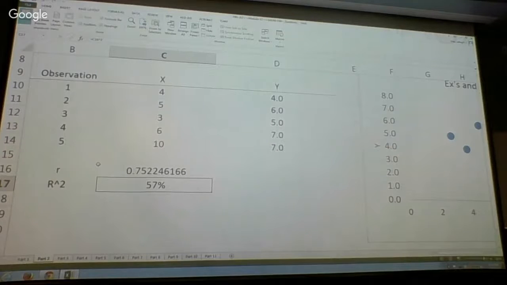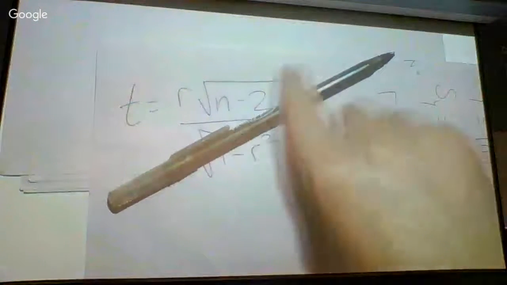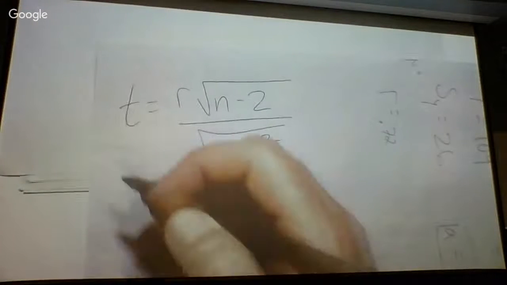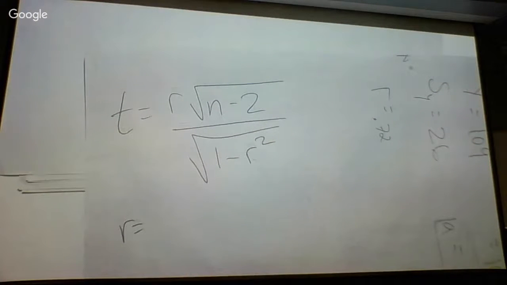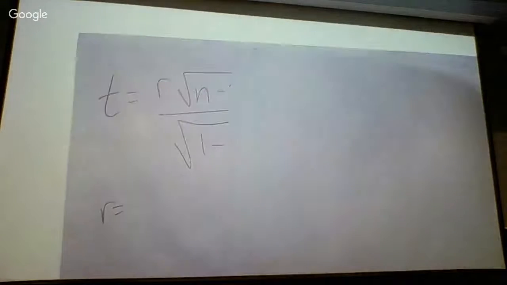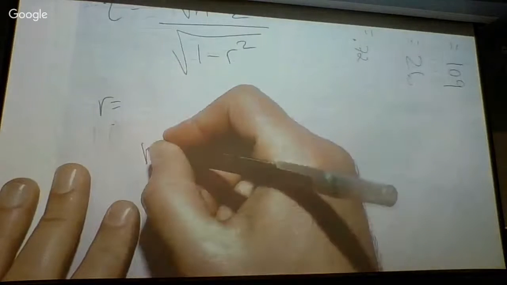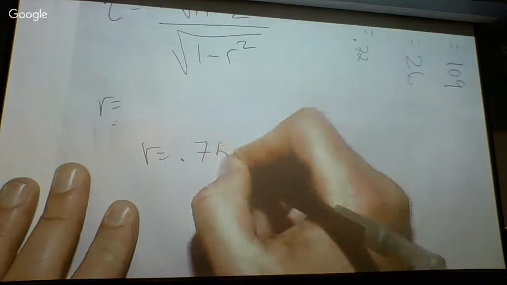Oh, golly. What is the t-value for the test statistic of a hypothesis test? That would be using this formula. What's my value for R? 0.75. What's my value for N?